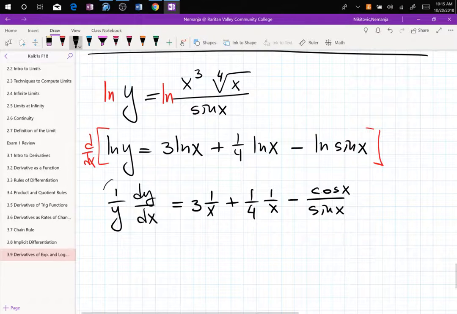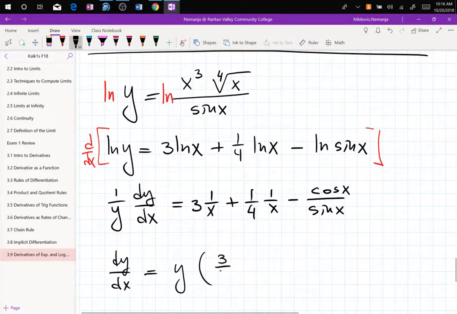Alright, so now, you see this 1 over y? That needs to go to the other side, and this is why you're copying the function every time. So to get dy/dx on its own, you have y times 3 over x plus 1 over 4x minus cotangent x.